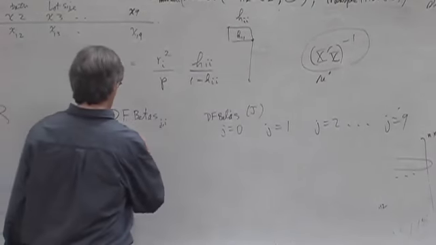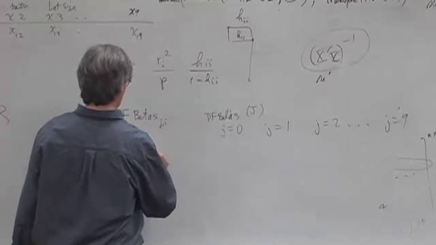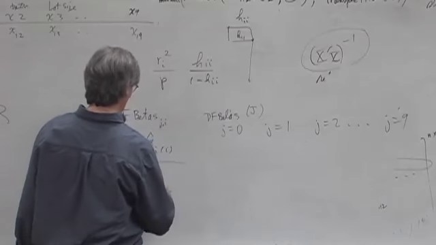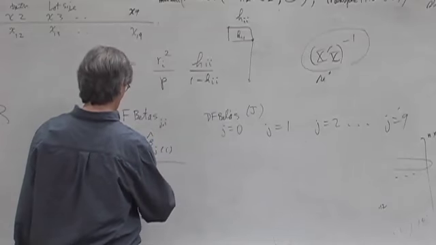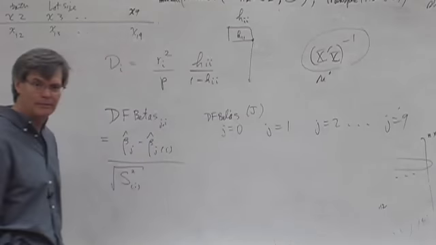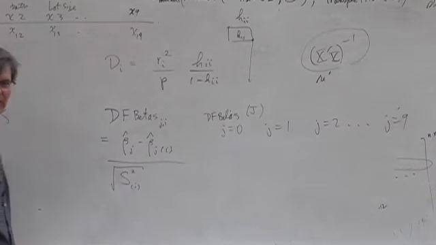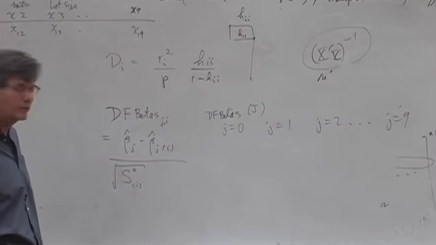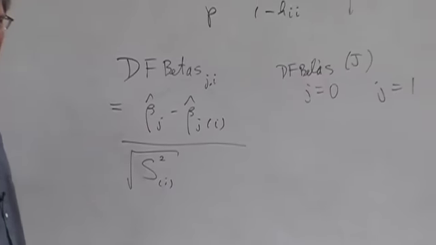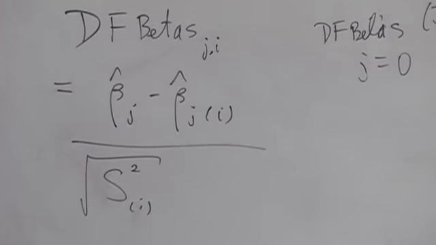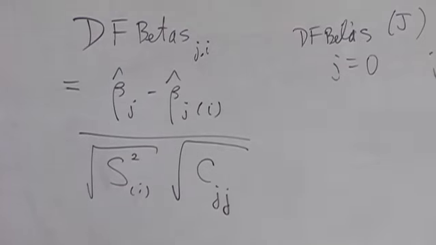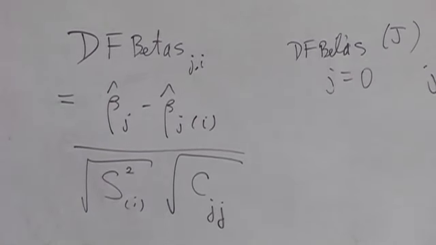So it's beta j hat minus beta j hat with the ith observation taken out, divided by the deleted estimate of variance, si squared, and the variance of beta j, the square root of cjj down here. And we worked out a formula for that.